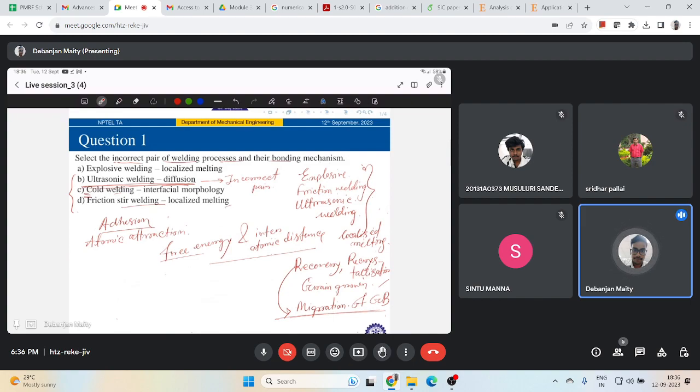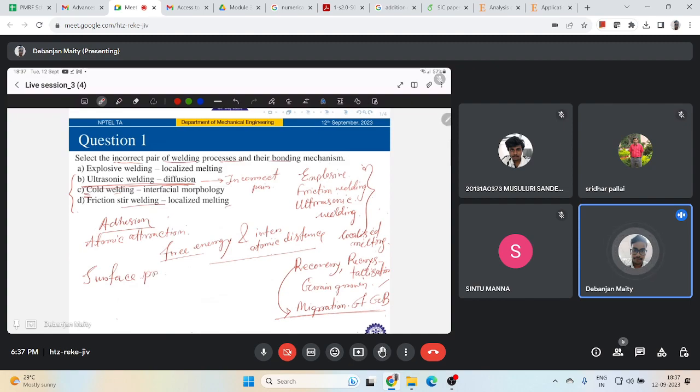And here also the surface preparation. For every solid state welding, you have to prepare the surface very carefully. You need to break those oxide films, otherwise joining cannot happen at very low temperature.